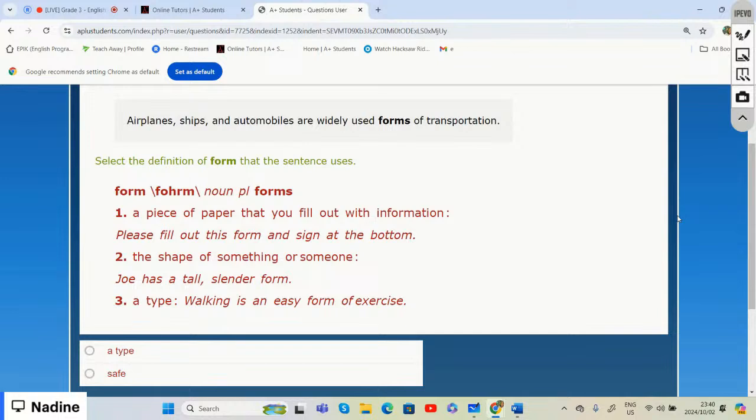We need to find the meaning of the word forms as it is used in that sentence. Is it option one, a piece of paper that is filled out with information? Number two, the shape of something or someone? Or number three, a type?